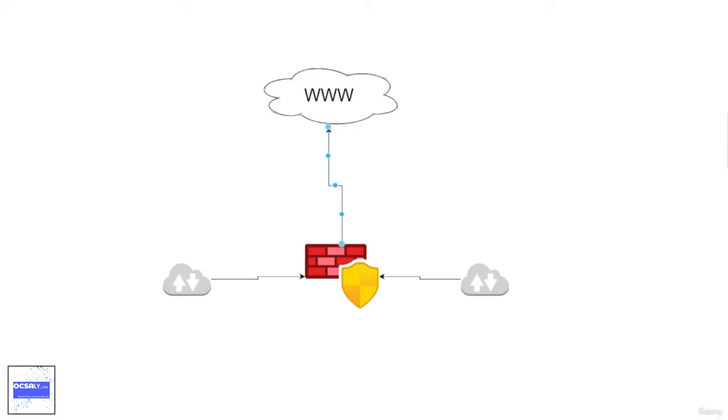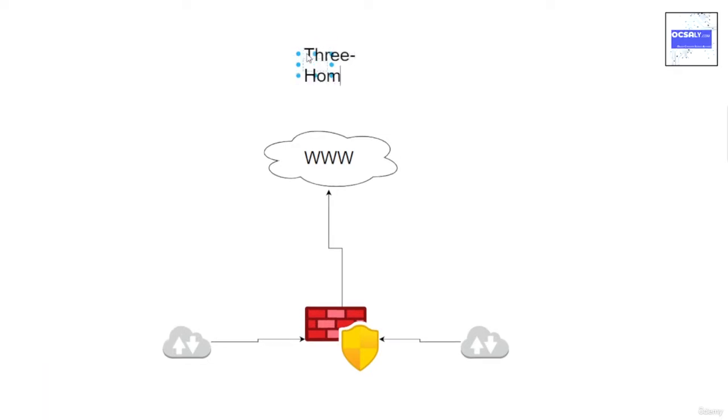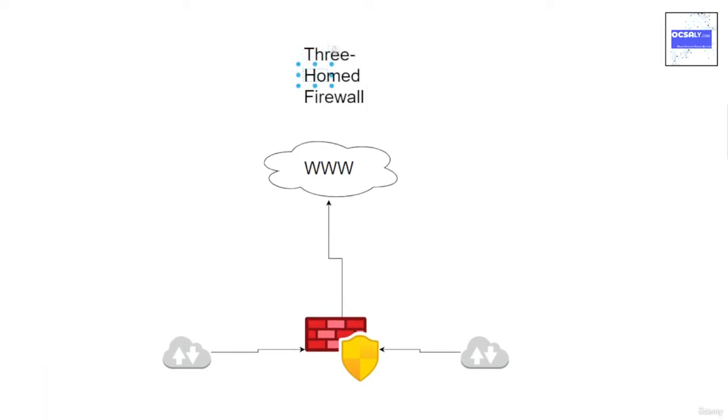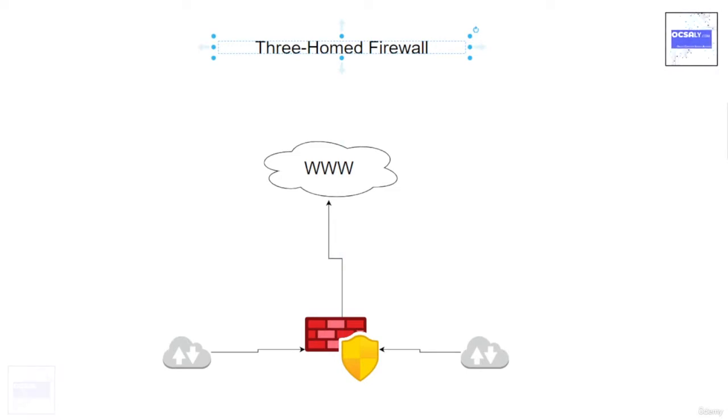This common implementation of firewalls is named the three-homed firewall. Let's write here, three-homed firewall.